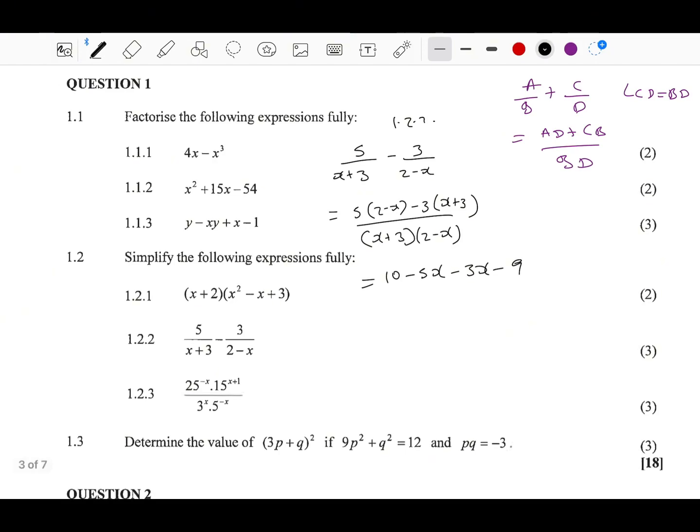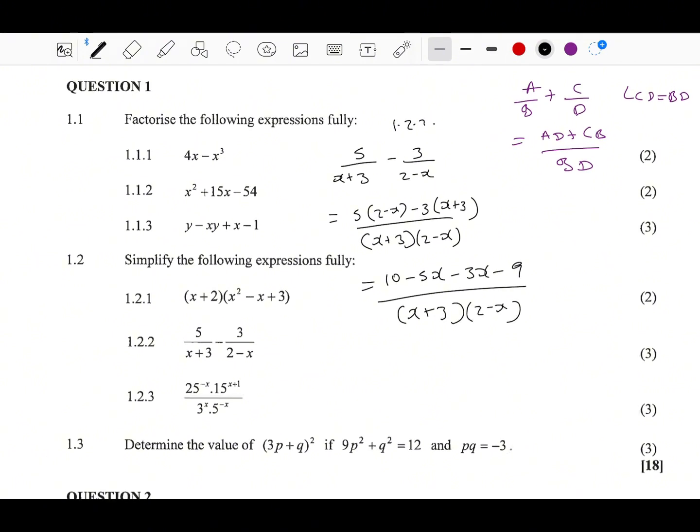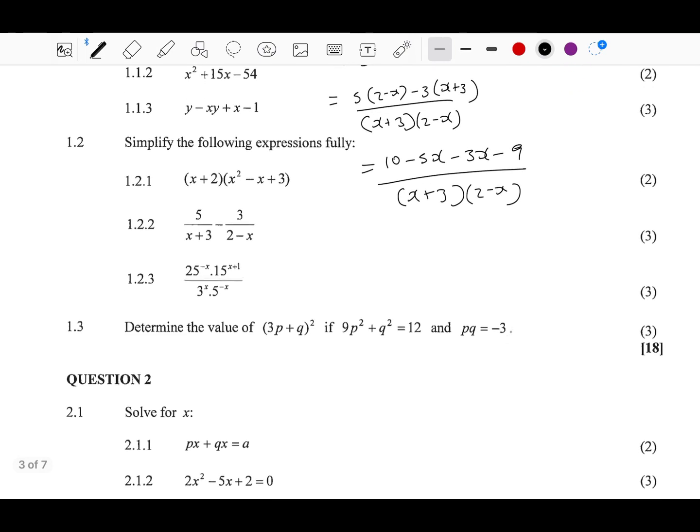And then divided by x plus 3 times 2 minus x. We don't have to remove the brackets here as well. Doesn't matter. And then from here you can just add what is in here. We already have the common denominator, so you have 10 minus 9, which is 1, and then negative 5x minus 3x, which is negative 8x, divided by x plus 3 times 2 minus x.